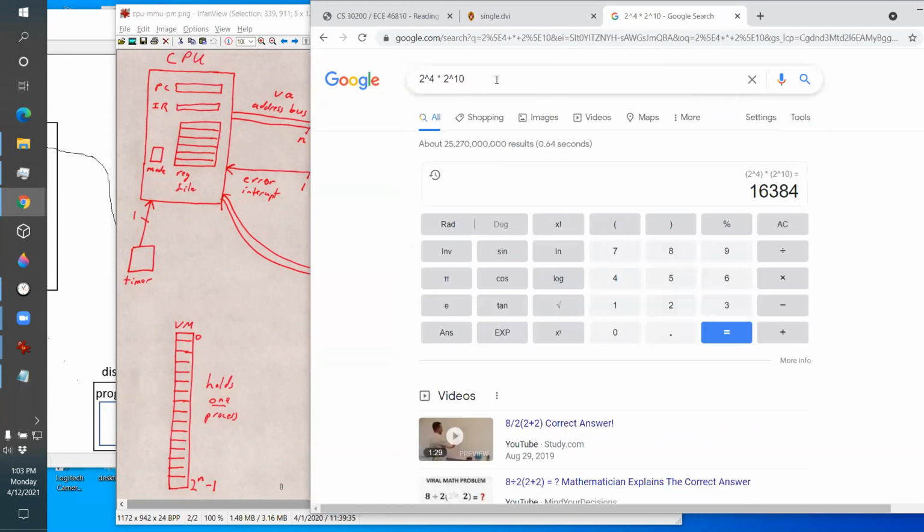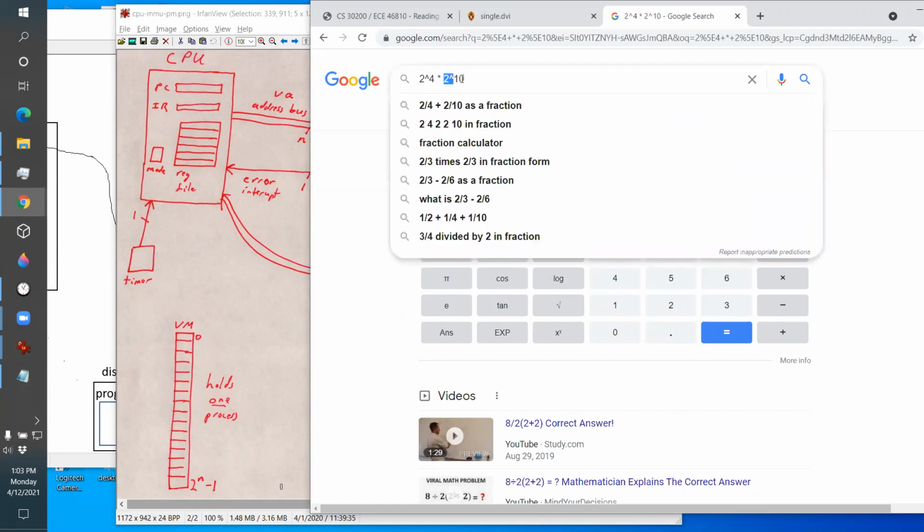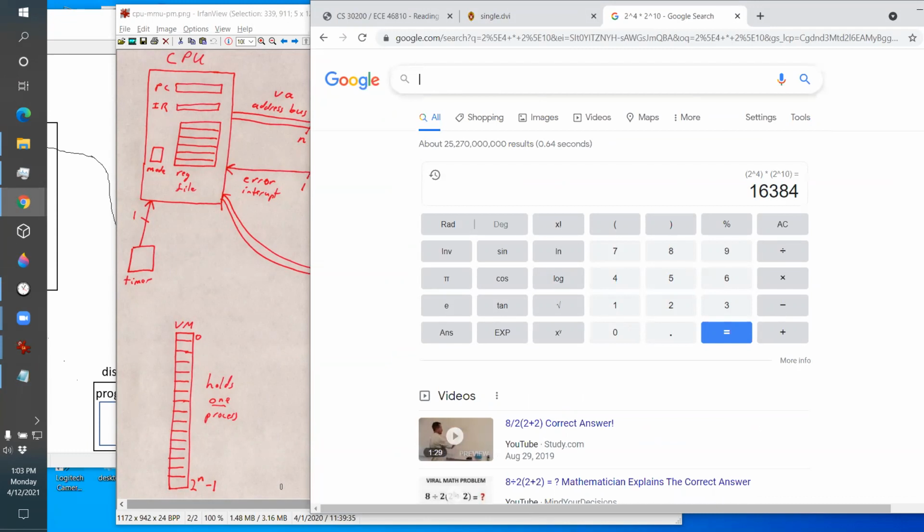See? So that would be a 14-bit address space. So 16 kilobytes is 14 bits. There's 4 bits to give you the 16 and 10 bits to give you the kilobyte. So it's a 14-bit address space.